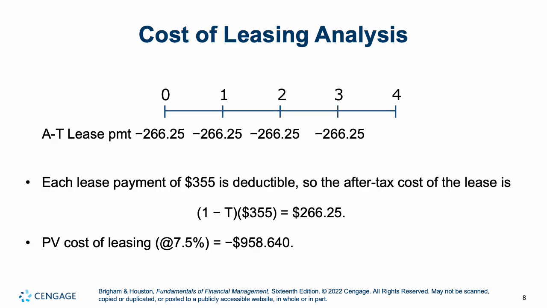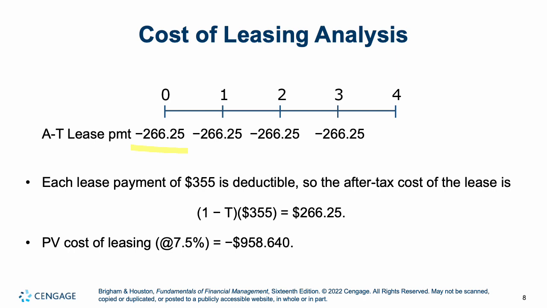So our cost of leasing, let's take a look. Leasing's easier. Why? Because we just have 4 lease payments and we're going to find the NPV of them. So find these and then add in the last one. You don't have to find the present value of this payment because it's at year 0.